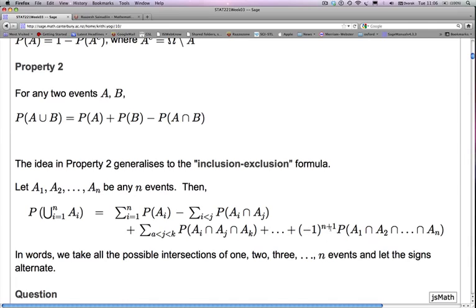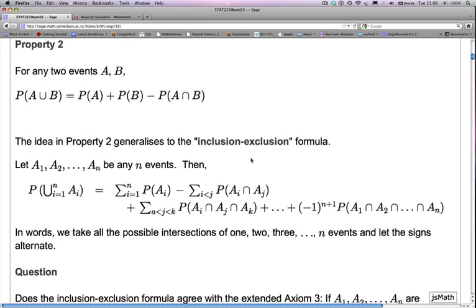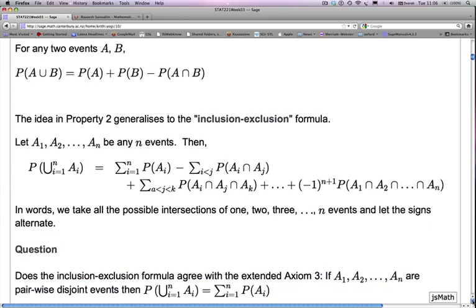So you have negative 1 to the power of n plus 1, which is an alternating sign. Essentially, in words, we take all possible intersections of 1, 2, 3, up to n events and let the signs alternate to keep correcting the double counting and then the triple counting and so on. So once again, this is just an extension of property 2 to more than two events.